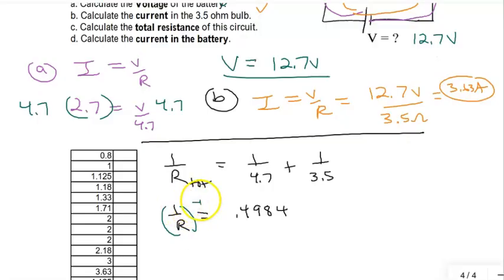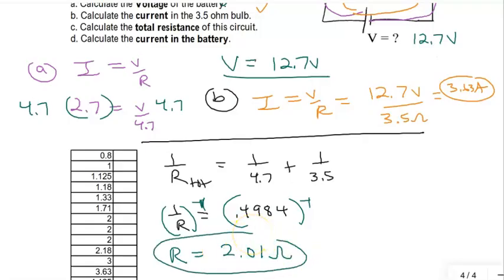And that's not your answer. You got to take both sides to the -1. This turns into R, and that turns into 2.01 ohms. Because the inverse of a half is going to be 2. Okay, that is the total resistance in a circuit, and then almost done with the worksheet.